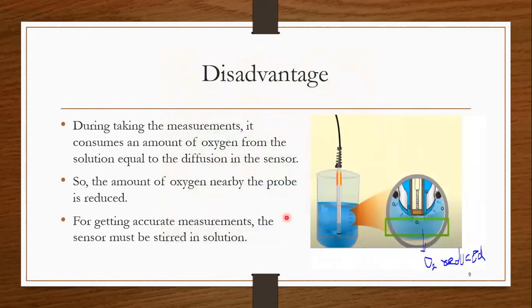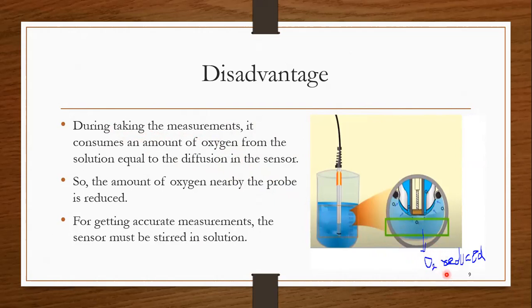The main disadvantage is that during the experiment, it consumes an amount of oxygen from the solution equal to the diffusion into the sensor. So the amount of oxygen near the probe is reduced. That's why, for getting proper measurements, we must stir the solution with the help of the Clark electrode.